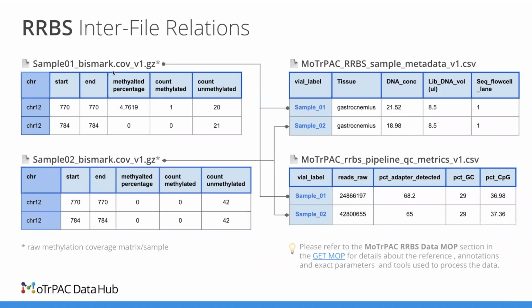Now, again, these data contain the sample vial labels, which are the sample IDs in the names of the files. And these are mappable to the different metadata files that are similar to those of RNA-seq. We have one file for the sample preparation and one file with metrics that we obtained from the output of the pipeline that was used to process the reads.